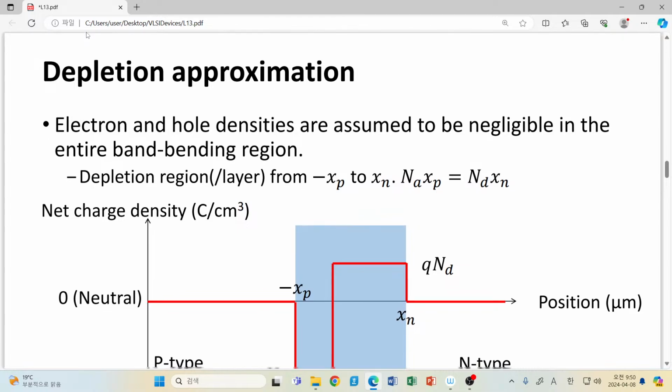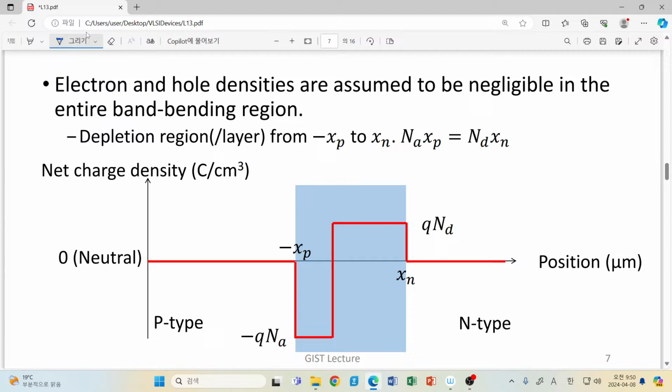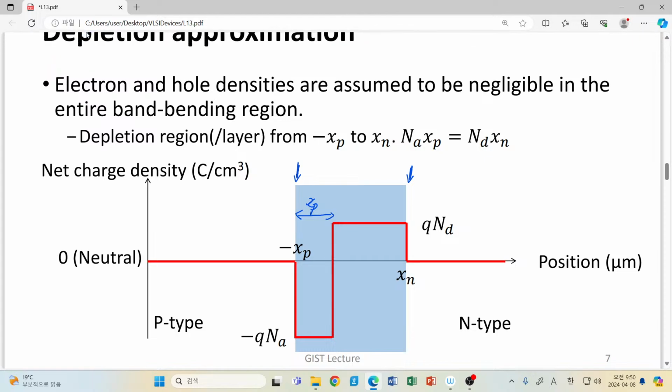So in this depletion approximation, we assume that there exists a certain sudden, abrupt boundary of electron density. For example, we assume a certain range xp. Within this xp, there is no hole.